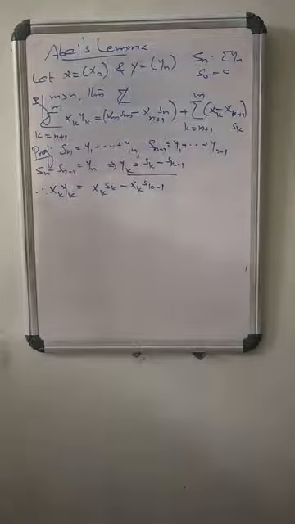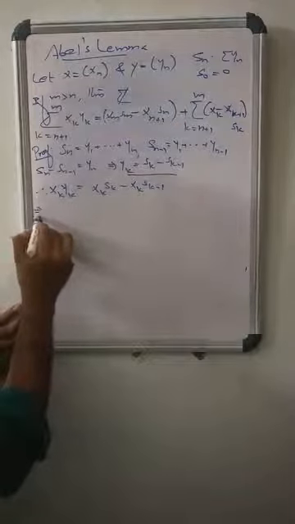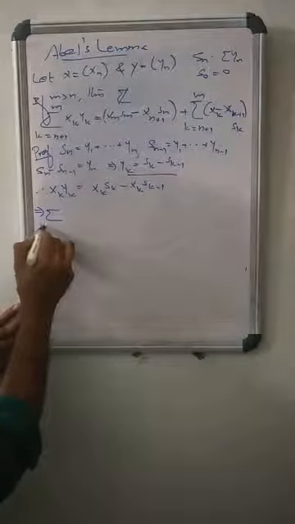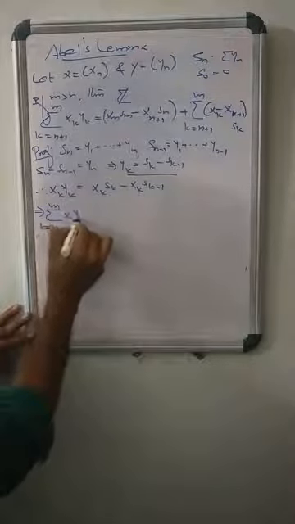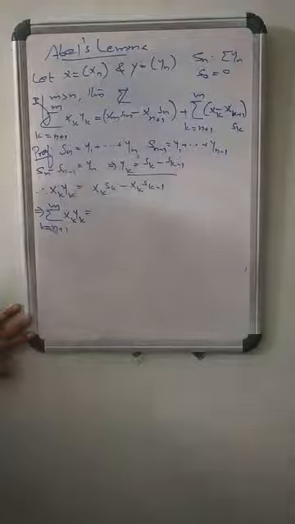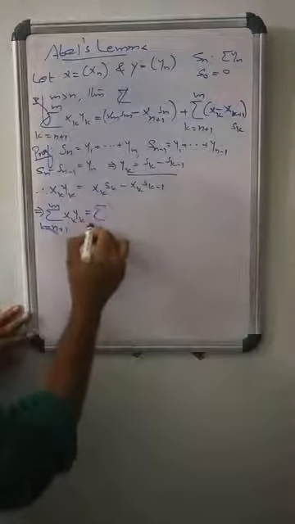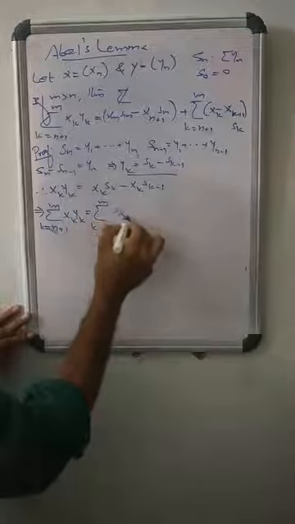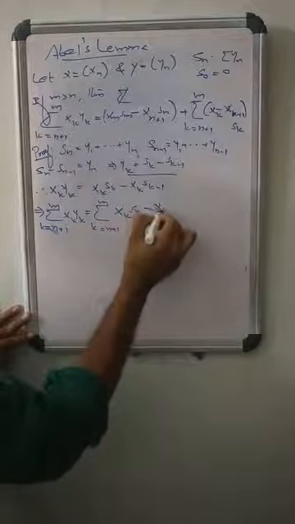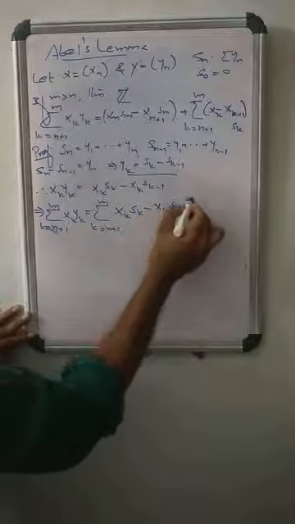Clear? Therefore sigma k ranges from n plus 1 to m of xk yk equals sigma k ranges from n plus 1 to m of (xk sk minus xk sk minus 1).